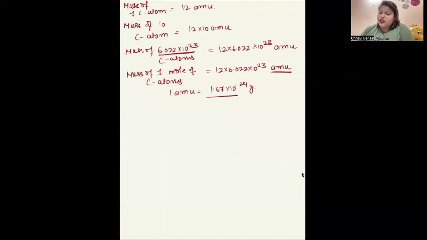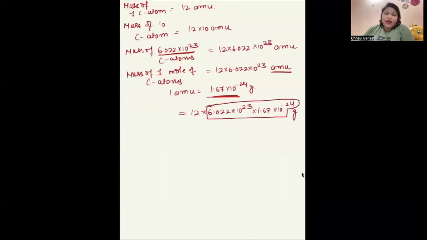If I substitute the value of 1 AMU, let's see what comes out. 6.022 into 10 raised to power 23 into 1.67 into 10 raised to power minus 24 grams, right? Now, this mathematical expression, if you multiply, it comes as 1.